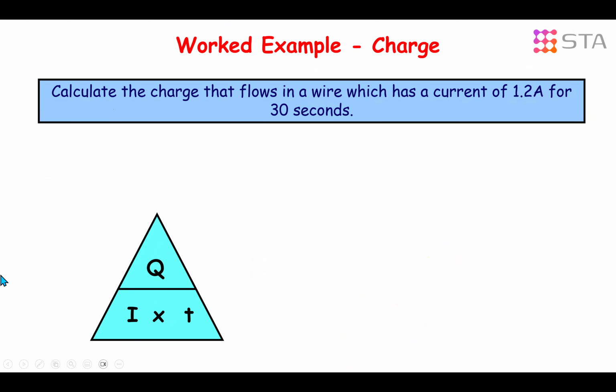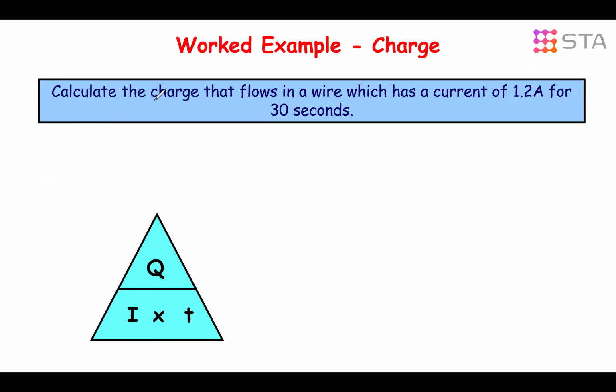Okay, so what we're going to do is some simple worked examples. The first one: calculate the charge that flows in a wire, which has a current of 1.2 amps for 30 seconds. First of all, we are going to annotate.